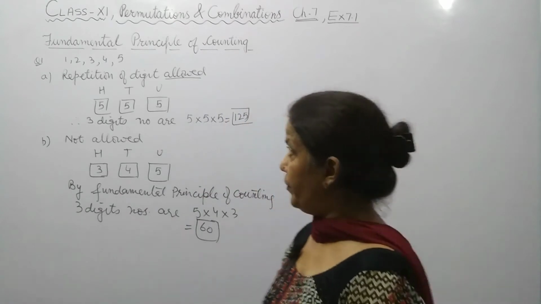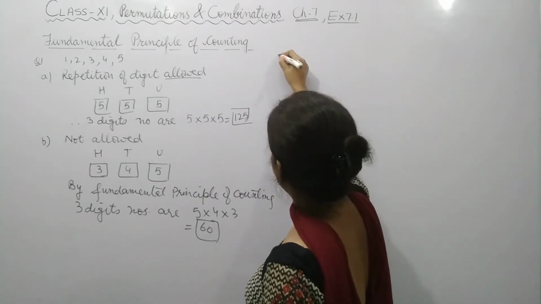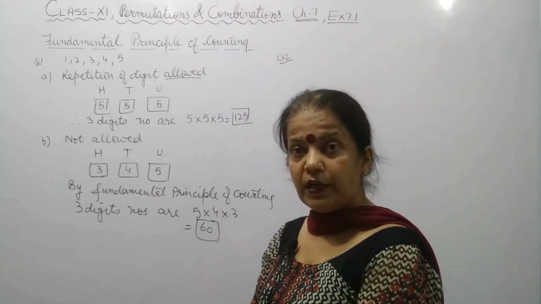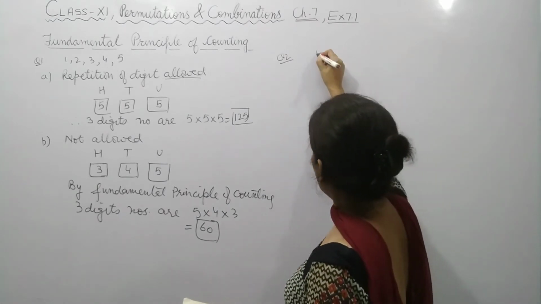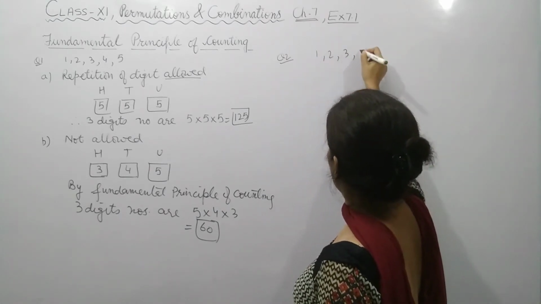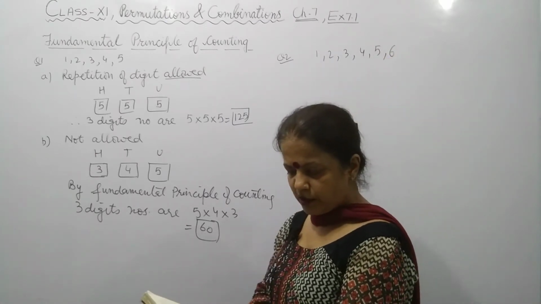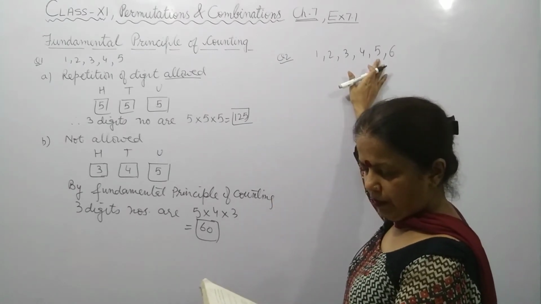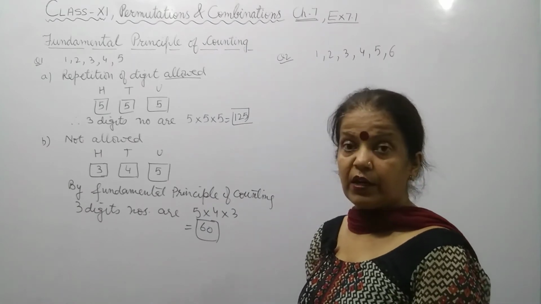Okay, now come to question 2. Question 2, how many 3-digit even numbers can be formed by 1, 2, 3, 4, 5 and 6? How many 3-digit numbers by using these 6 digits if the digit can be repeated?